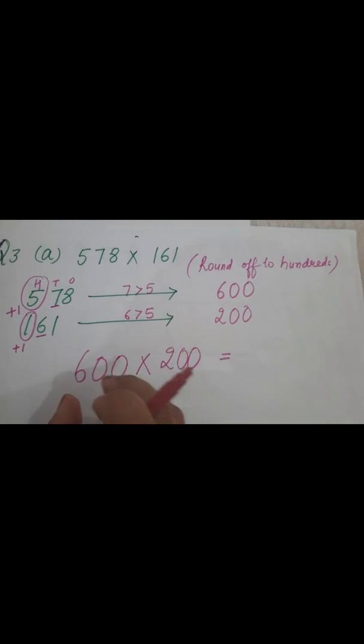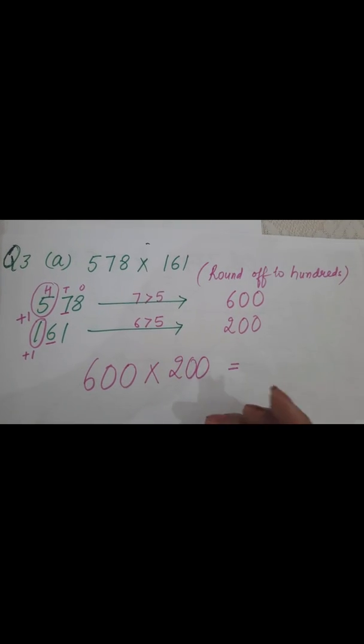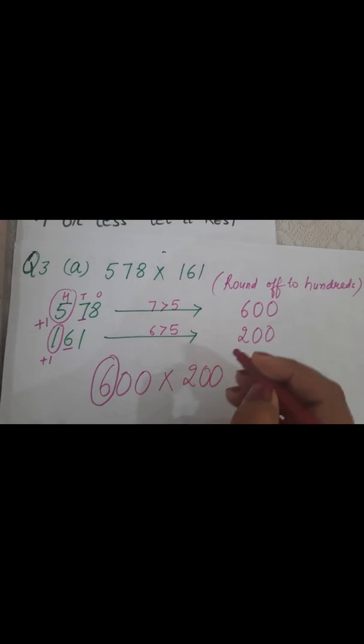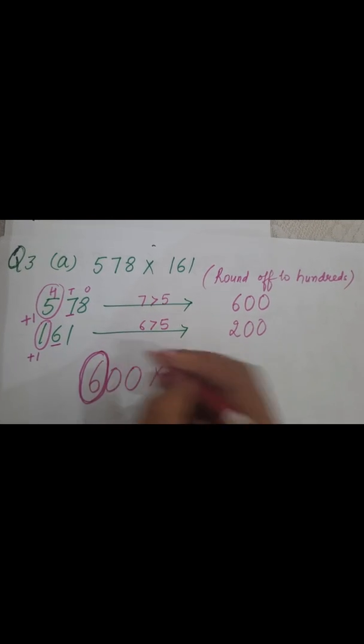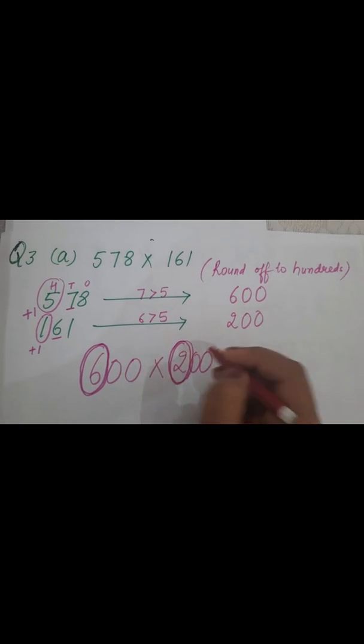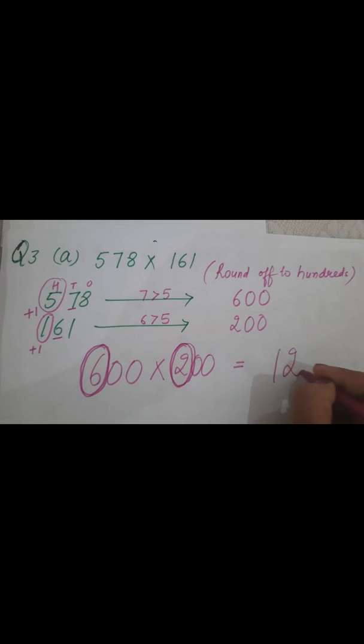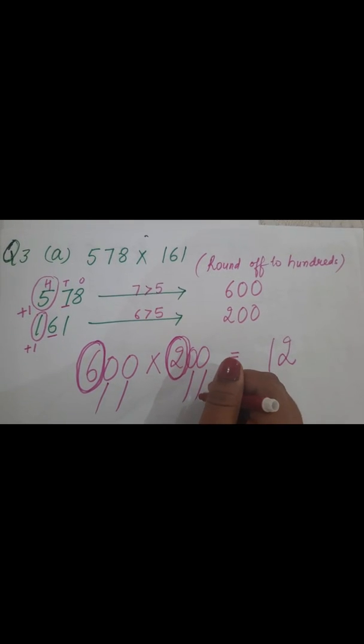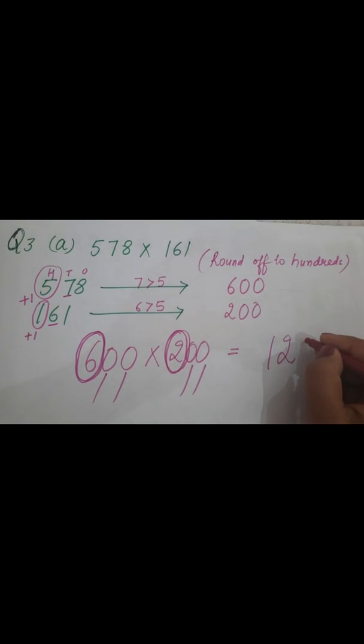When you have to multiply such questions in which zeros are there, the first step is to multiply the digits or numbers first. Here 6 multiplied by 2 is 12. Then count how many zeros are there: 1, 2, 3, 4. 4 zeros are there, so I will add 4 zeros.